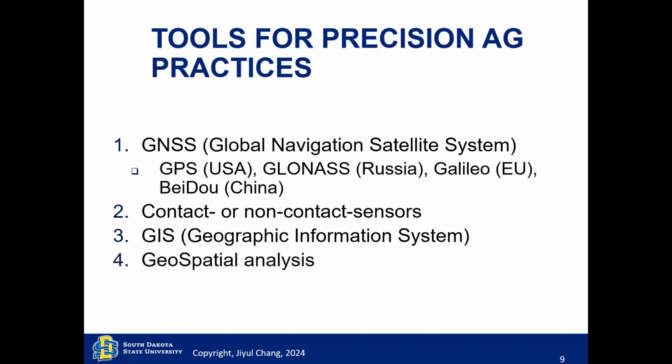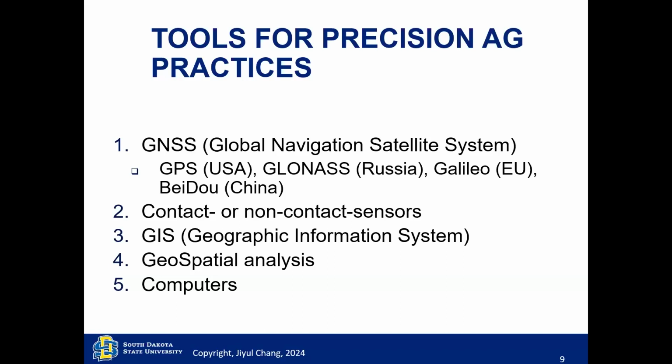Next, we need to use some kind of geospatial analysis. We can use statistical software packages or Excel. We can use just simple geospatial statistics to analyze the data to make good maps. And to do all these things, we need to use a computer.